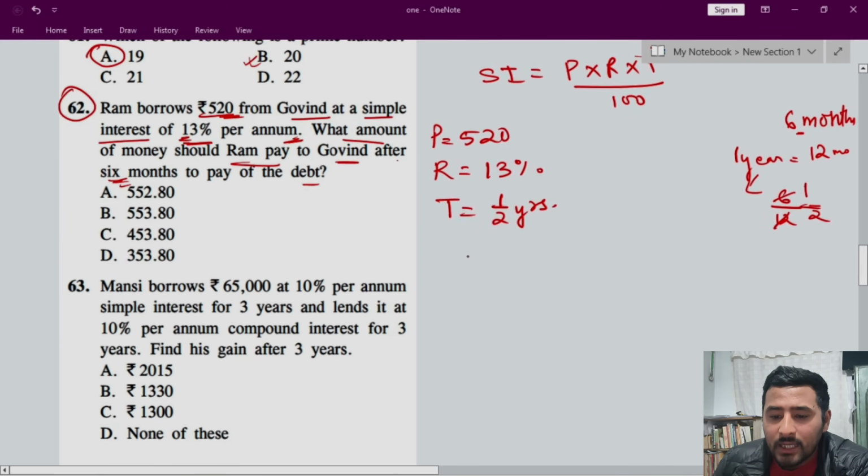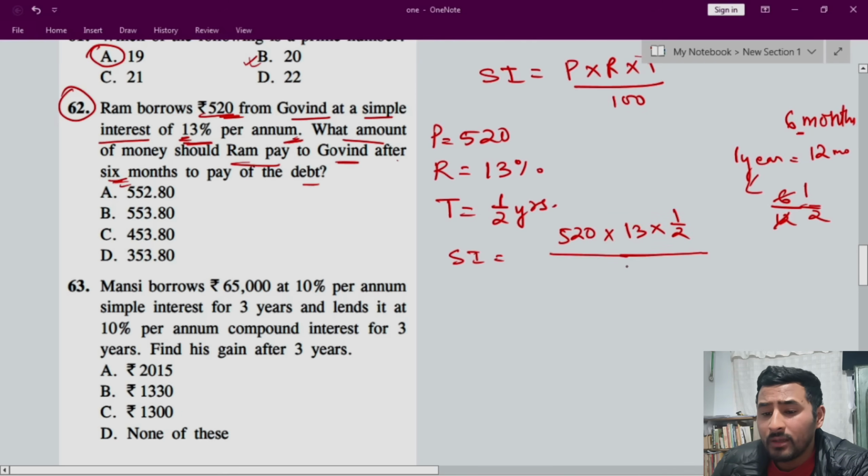We know SI will be how much? P is 520 into R is 13 into time 1/2, divided by 100. Start with the cancellation. 2 ones are 2, 2 twos are 4, 2 sixes are 12.